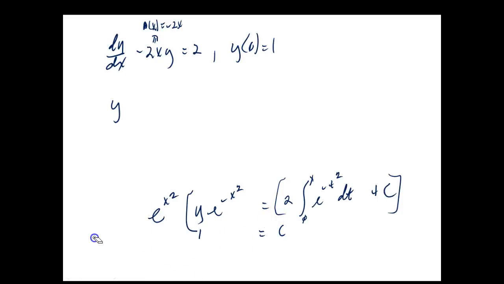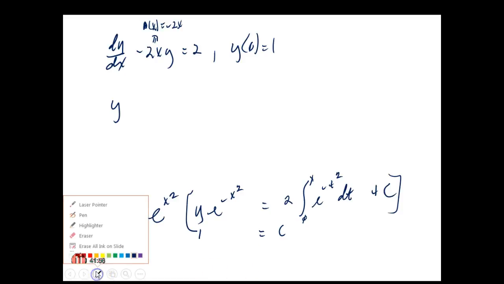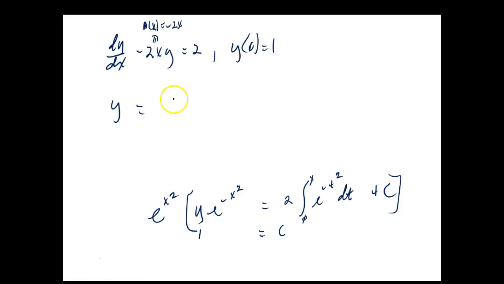To me, it's just a little bit nicer to do it that way. Everything by that. So what that gives us is y, because this times that goes to 1, is equal to 2 e to the x squared. I'll do it that way. Make that a plus.